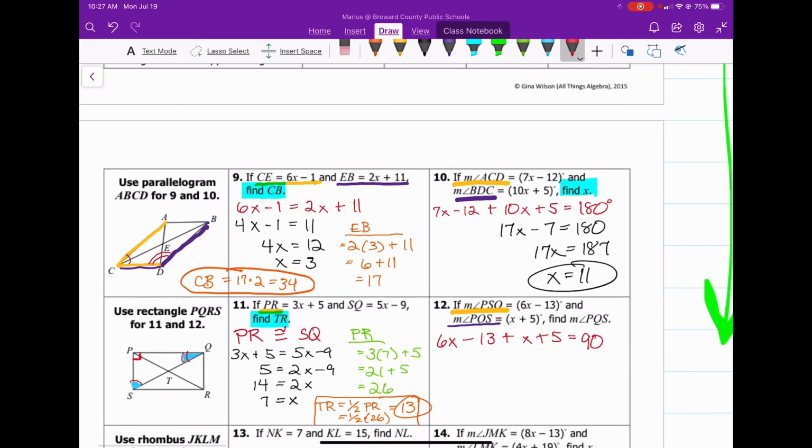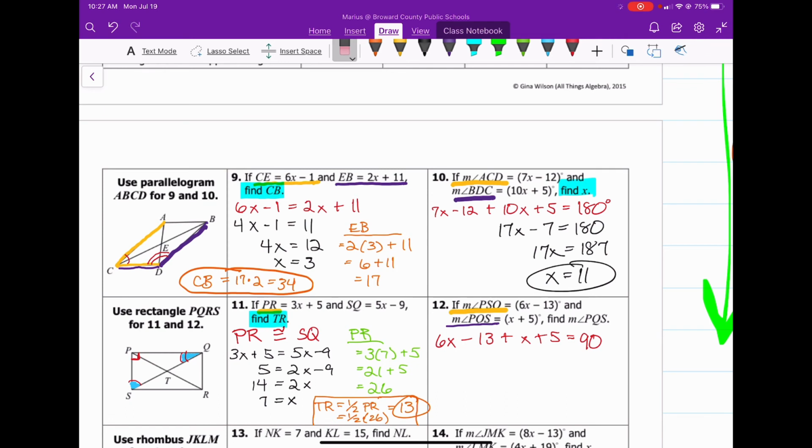And as a matter of fact, if we did want to write this entire thing out, we could, because all three angles, this is an angle inside the triangle, that's one angle inside the triangle, the other angle is 90. And then we can set them all equal to 180, because in a triangle, all three angles have to equal 180. So if we keep working that out, we add the x's, that's going to become 7x, add negative 13 and positive 5, that's going to become negative 8 plus 90 equals 180.